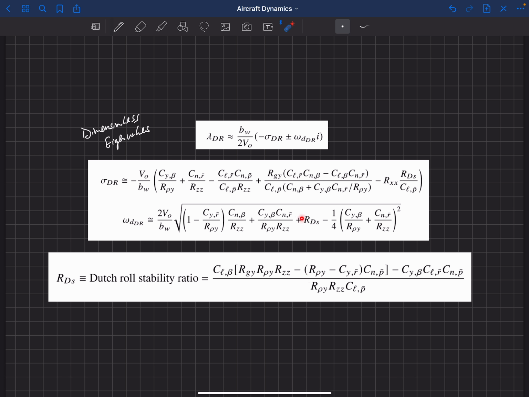So we've got this stability ratio in our frequency as well as in the damping term up here. Okay, so this is what I use for a closed form solution for the dimensionless eigenvalues or also the dimensional sigma or omega here. Anyway, this should be a fairly good approximation, and he shows in his paper and in his book that it actually is a fairly good approximation, much better than the traditional approximation over a wider range of aircraft designs.